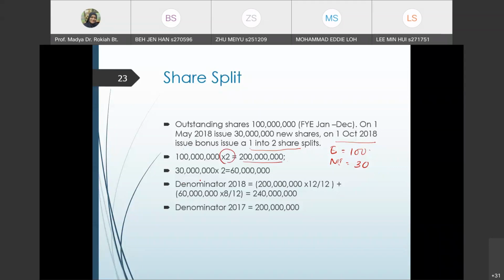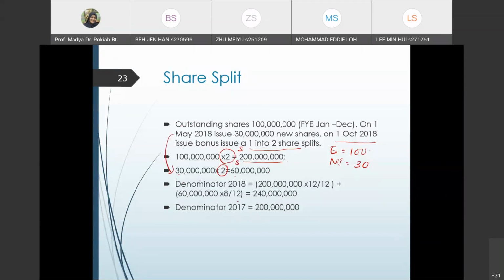And then for the new issues here, because the share split is announced after the issuance of the new shares, this new share is also entitled for a share split. So 30 million times 2, you're going to have 60 million, but this 60 million needs to be time-apportioned with a period here.